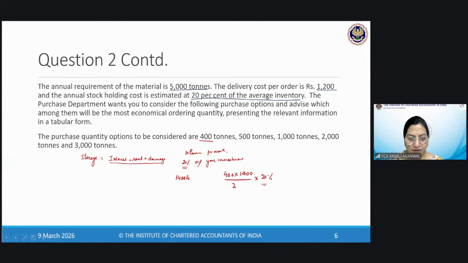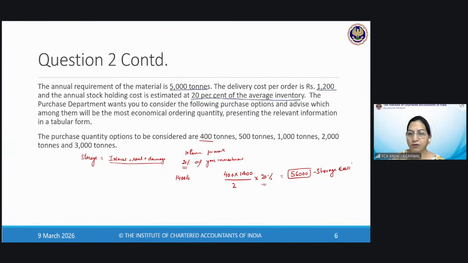So 400 into 1400 divided by 2 is 2,80,000, and 20% of that is 56,000. That becomes my total storage cost if I order 400 units.